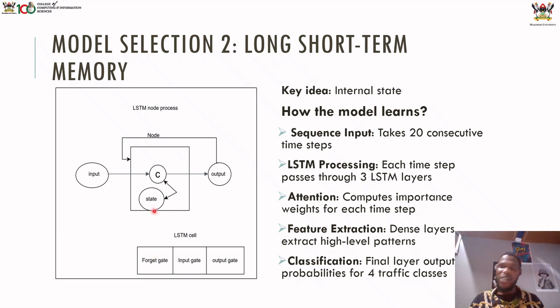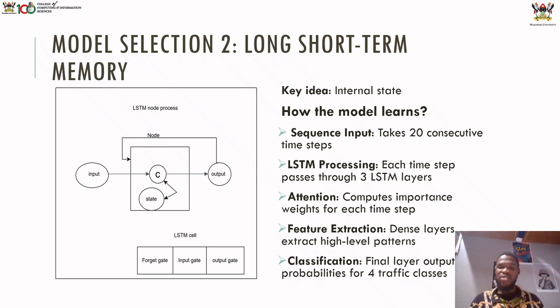For example, context information, like in the morning hours, traffic is building up, right? So we keep that information for future use. Then the input gate decides what information needs to be kept. Then the output gate decides what information needs to be output, right? So that is the introduction to rectify the recurrent neural network.